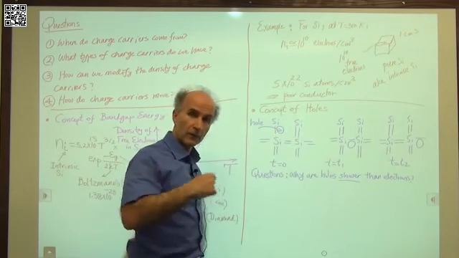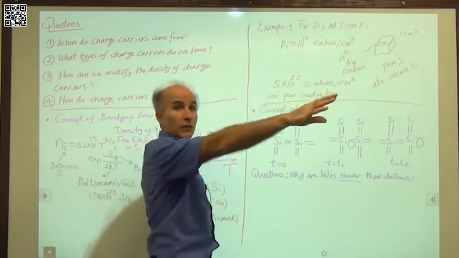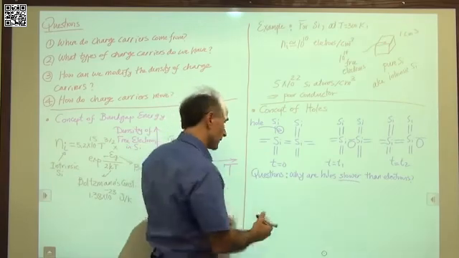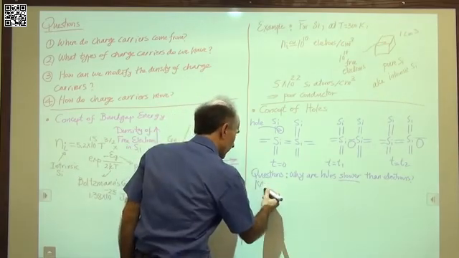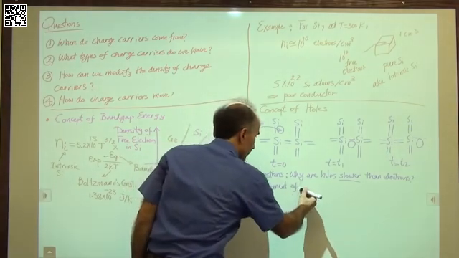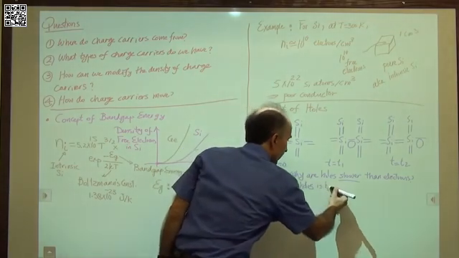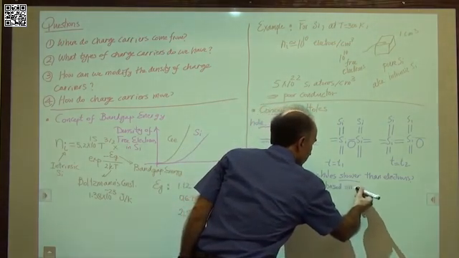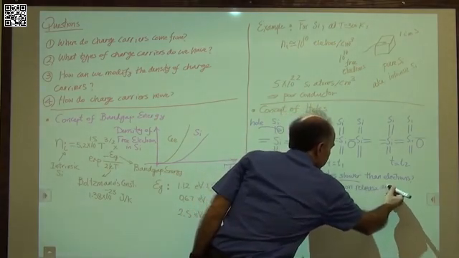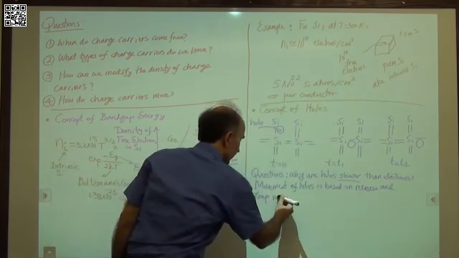And this trap in this release and trap process is slower than just an electron moving on its own without interacting with the other atoms. So we say that hole movement of holes is based on release and trap mechanisms.